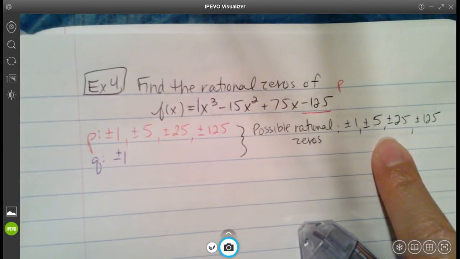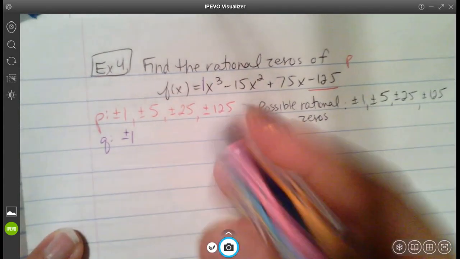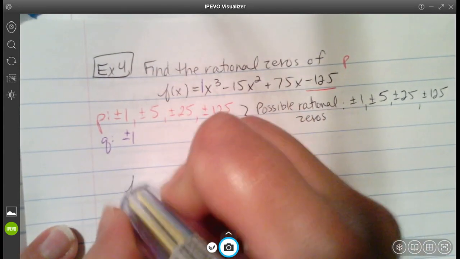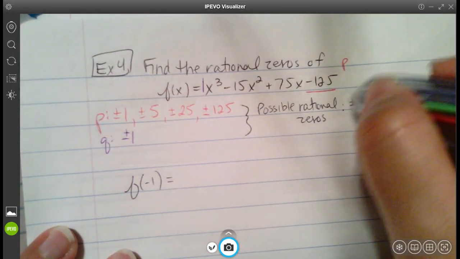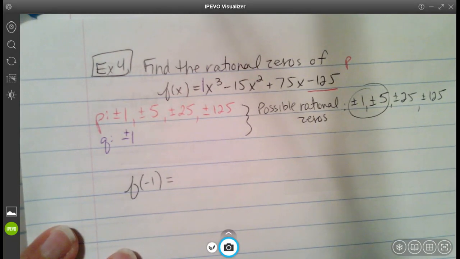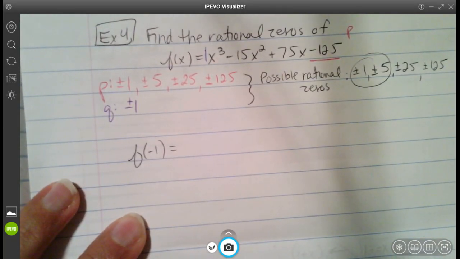So I'm going to go ahead and try the 1 and the 5, and I'm going to do this one using the first method, where you just plug in the numbers, because it's only going to be a few in this case. It's going to be maybe these 4 guys, okay? And I know it's kind of obvious which one it is, but just to go through the motions here.